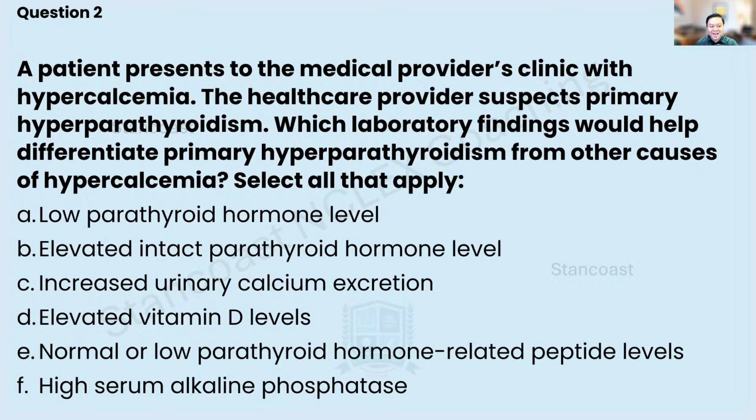Would that be A, low parathyroid hormone level, or B, elevated intact parathyroid hormone level, or C, increased urinary calcium excretion, or D, elevated vitamin D levels, E, normal or low parathyroid hormone related peptide levels, F, high serum alkaline phosphatase? Take your pick.